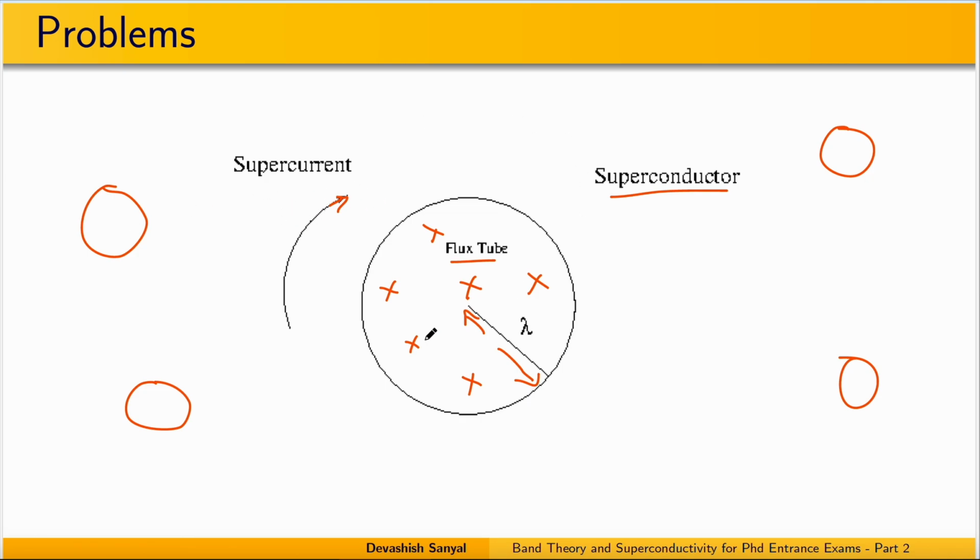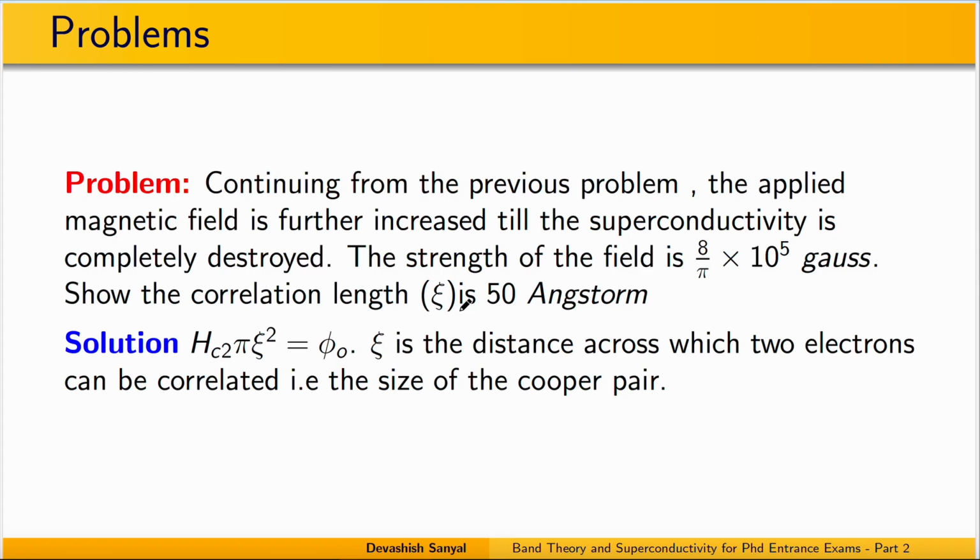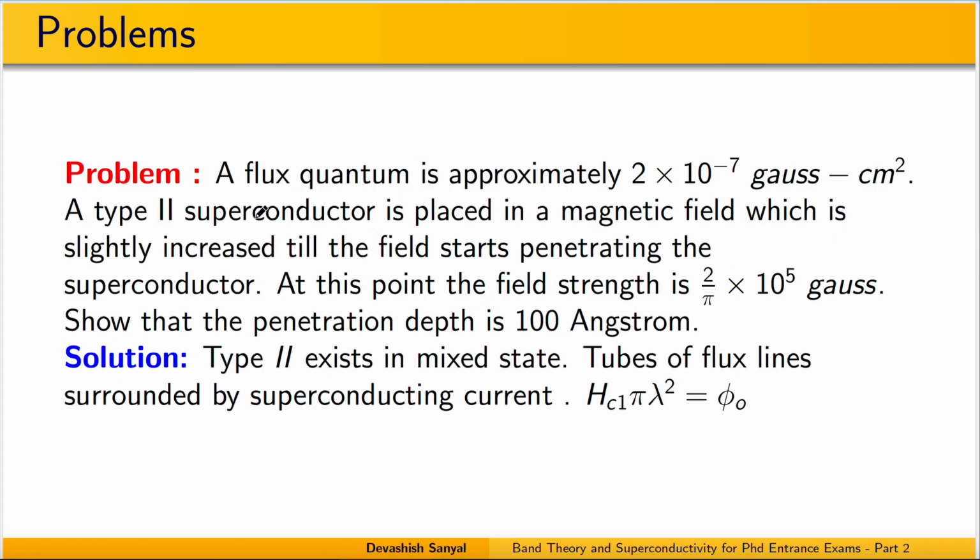And when you have these supercurrents, we know that the flux which the supercurrents enclose is quantized. How? Now we will go to this problem. The flux quantum is approximately 2 into 10 to the power minus 7 Gauss per centimeter square. This is the flux quantum.